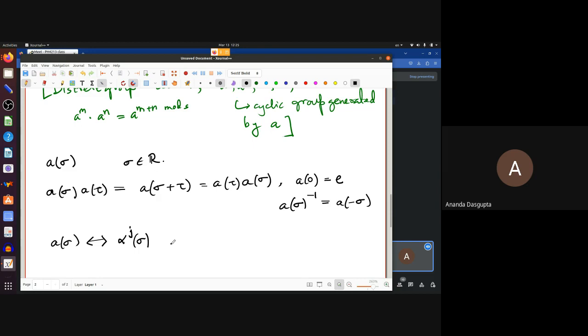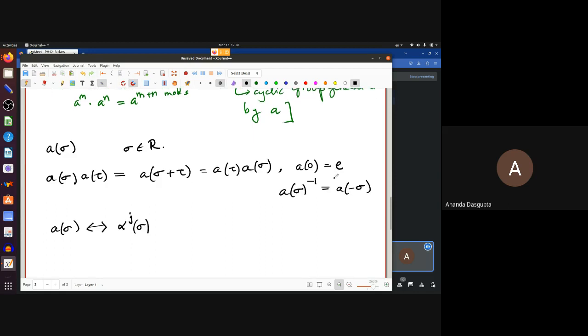These alphas are functions of this parameter sigma. Clear? So our question is, can we say anything about the functions alpha j of sigma for which you will have this property? How do the parameters for elements of the one parameter subgroup depend on this parameter sigma, which is a single parameter which rules the entire subgroup?